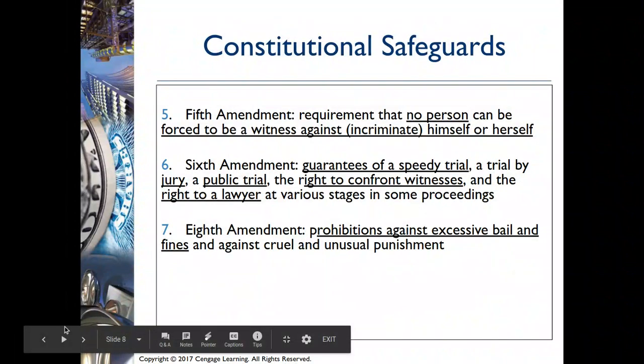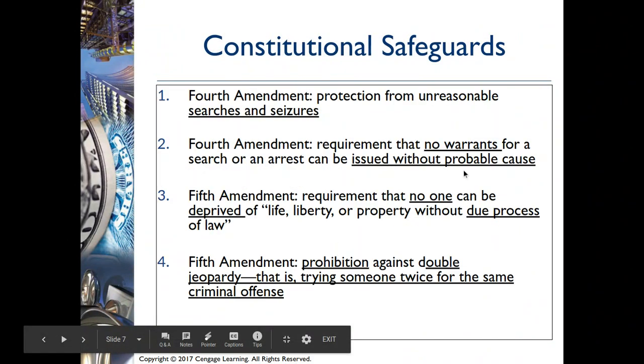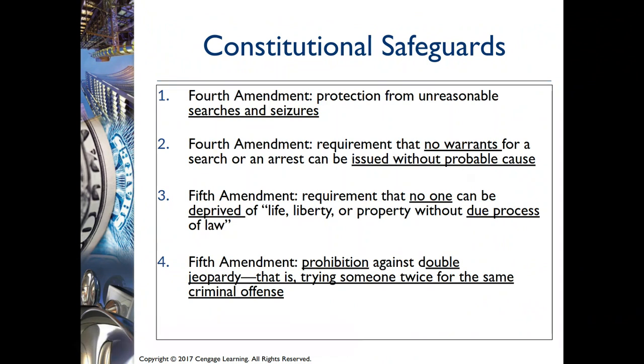Okay, so the Constitution has safeguards here. We spent a lot of time talking about the constitutional amendments in the last chapter, but we'll just go over these quickly. Fourth Amendment is search and seizure. The Fourth Amendment says no warrant without probable cause. Fifth Amendment, due process.